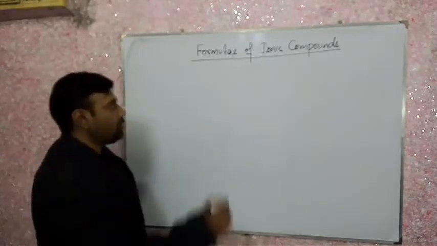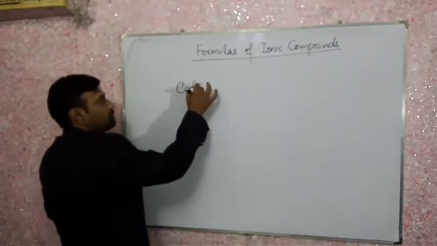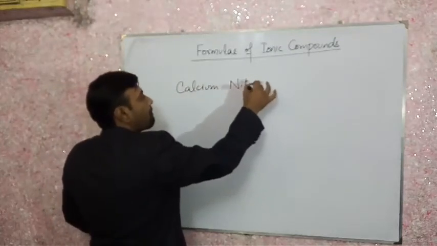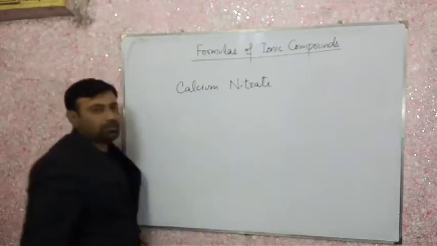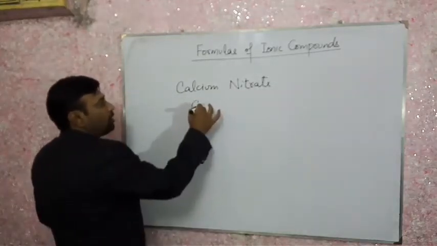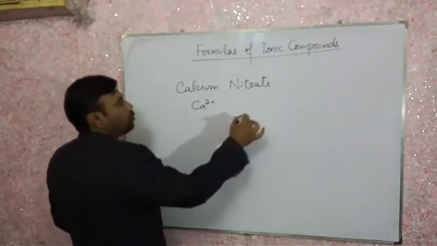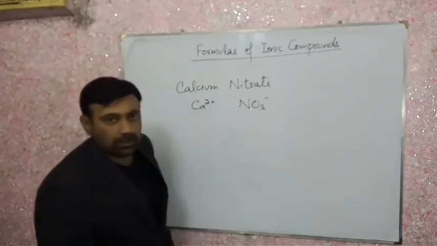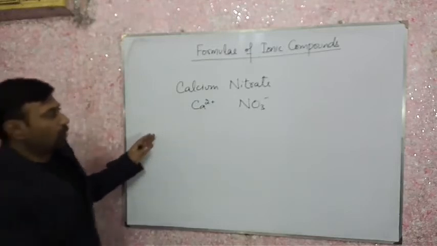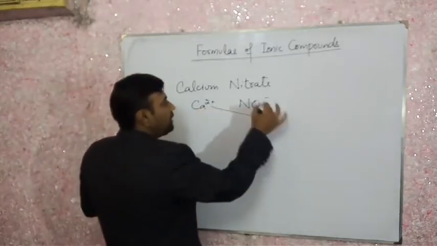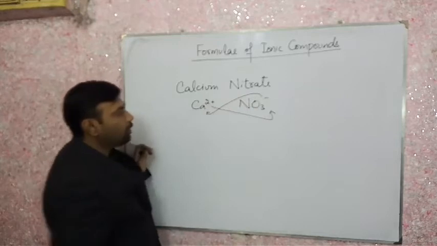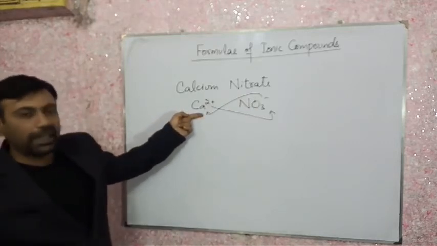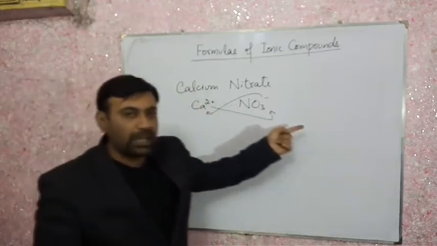Now let's take another example. Calcium nitrate. Formula of calcium ion is Ca2+ while nitrate ion is NO3−. Now by using the crisscross technique, we know that there will be a 1 with calcium ion and there will be a 2 with nitrate ion.